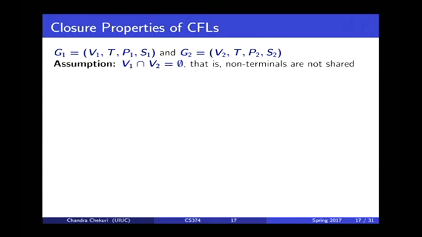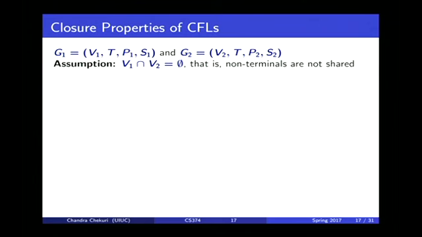Now, let's discuss some simple closure properties. That also gives us some understanding of the power and the ability to design new languages. Suppose I have two grammars G1 and G2, and they generate L1 and L2. Because we are talking about two grammars, we have to be a little careful. We'll make sure that the non-terminals of this and the non-terminals of this are different, because if we share non-terminals, we can confuse ourselves, right?